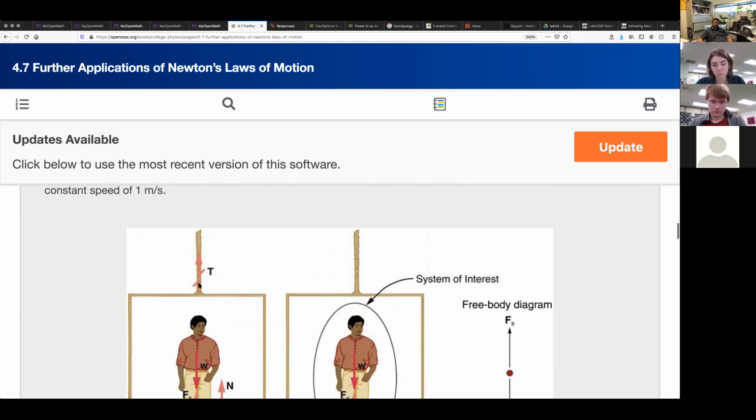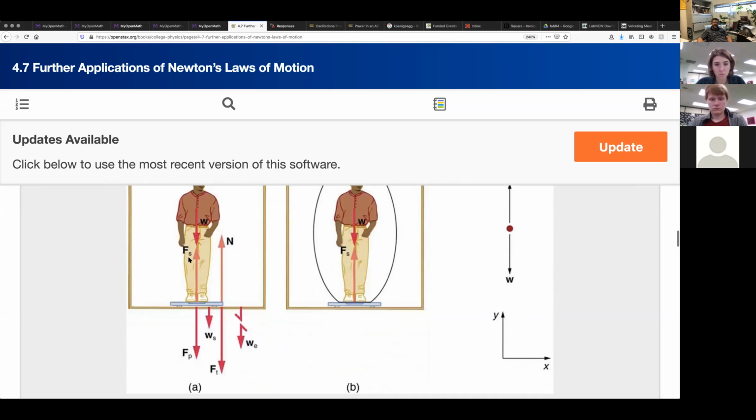And to make it move, it has to have tension in the cable above. So you have this tension in the cable above, which is pulling up on the elevator, and that tension upward is counteracted by a... let's see, where are they showing that here?